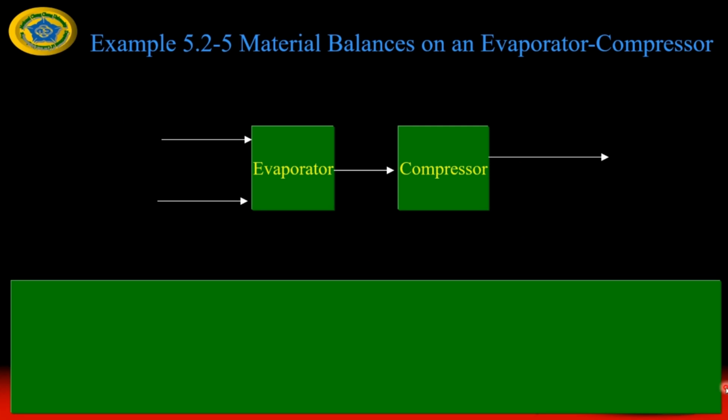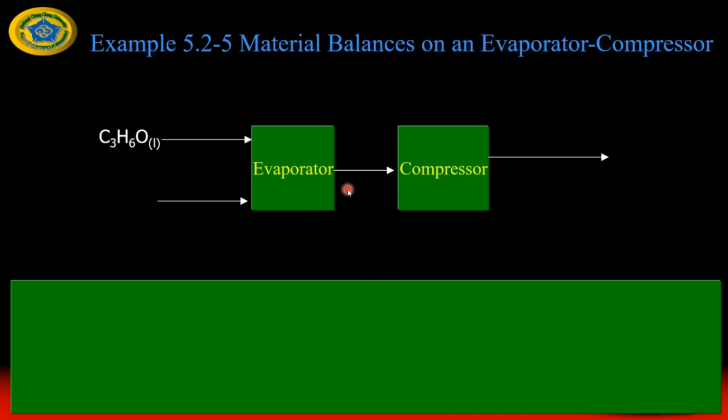This is example 5.2-5, molecular balances on an evaporator and a compressor. I don't want to read this with you, but let's think of this first. This is C3H6O in liquid, and it will be fed into an evaporator.